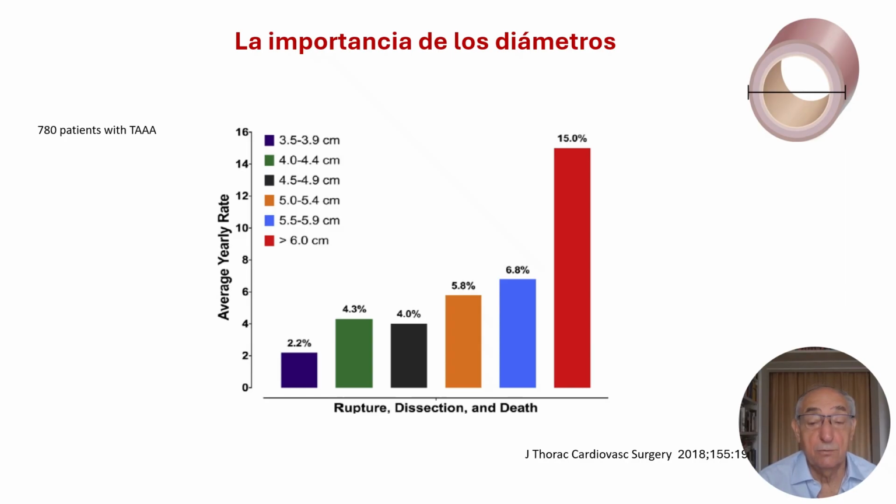In this well-known study, we observed that as we increase the diameter starting from 3.5, which is considered a strictly normal aorta, up to nearly 60 millimeters, the annual risk of rupture, dissection, or death rises significantly. Notice that starting from 59, it increases a lot. So of course 55 has classically been considered the cutoff point to indicate surgical treatment in patients.